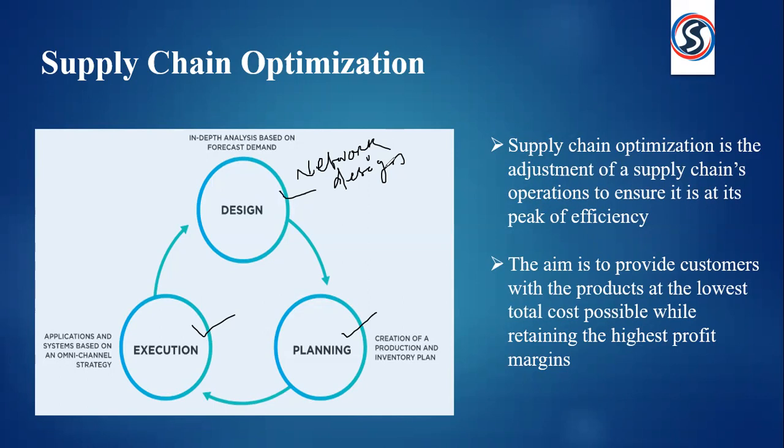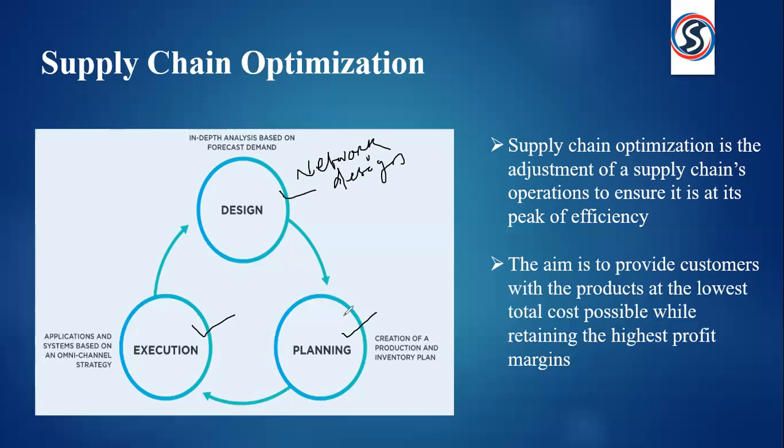Fine. So coming to the planning phase, this focuses on creating a strategic deployment, planning inventory, and coordinating the assets to optimize the delivery of products, services, and information. Fine. And this information should flow from the suppliers to the customers.